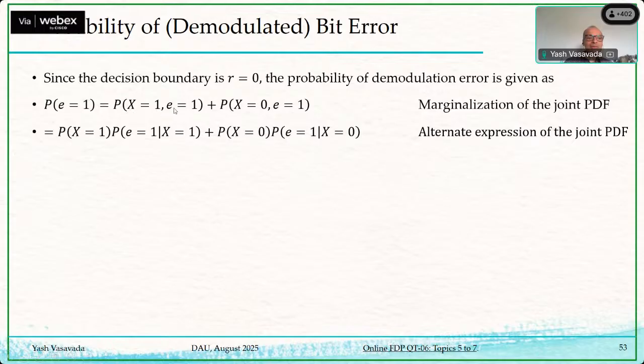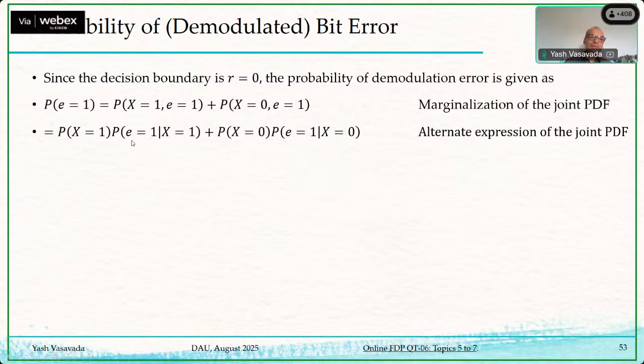The joint probability of x equal to 1 and error equal to 1 is just the product of the prior on x, probability of x equal to 1, times the conditional e equal to 1 given x equal to 1. And similarly, the joint probability of x equal to 0 and e equal to 1 is the prior on x for x equal to 0 times the conditional e equal to 1 given x equal to 0.